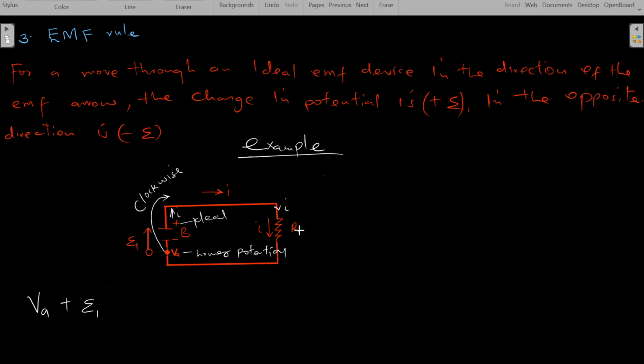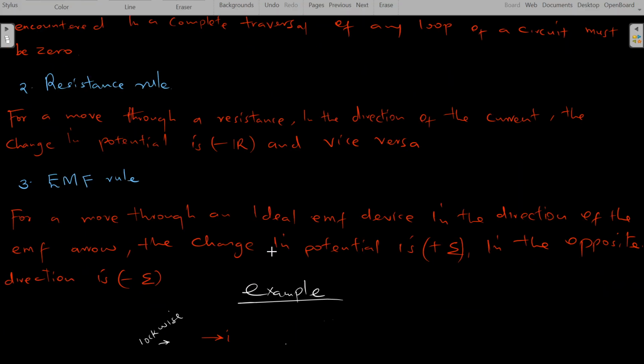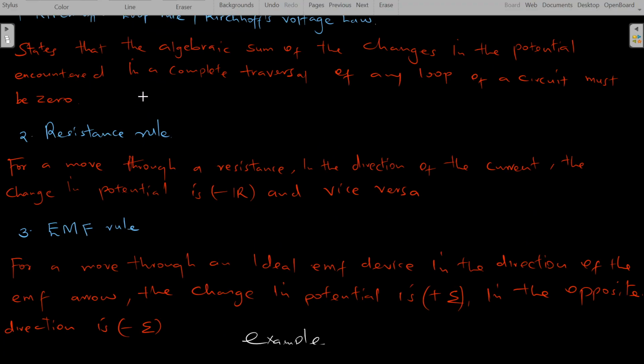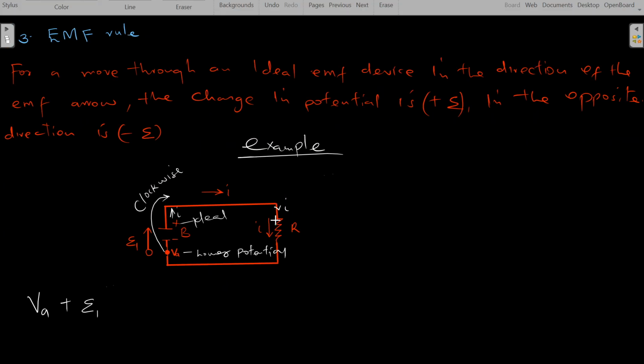So we'll use the resistance rule, which says for a move through a resistor, in the direction of the current, we should get our potential change as negative IR. So at this point it should be negative IR.